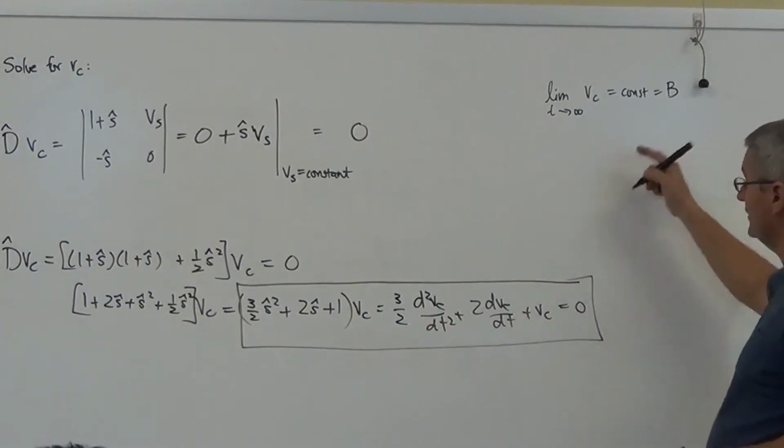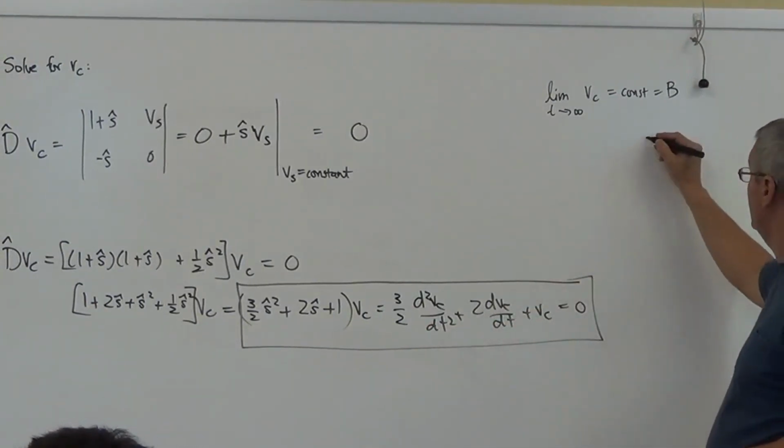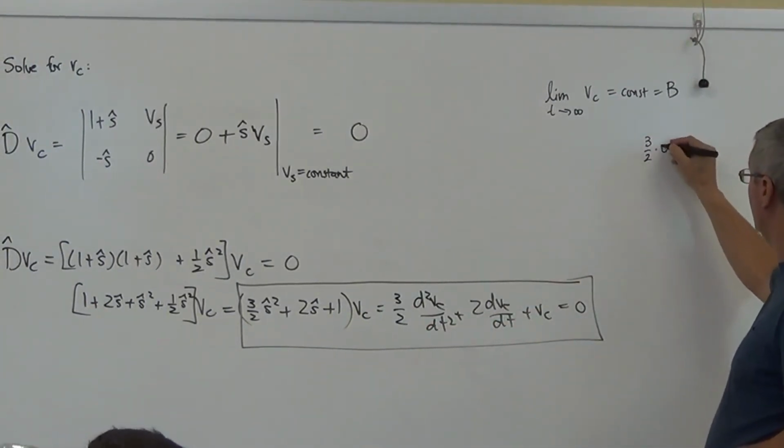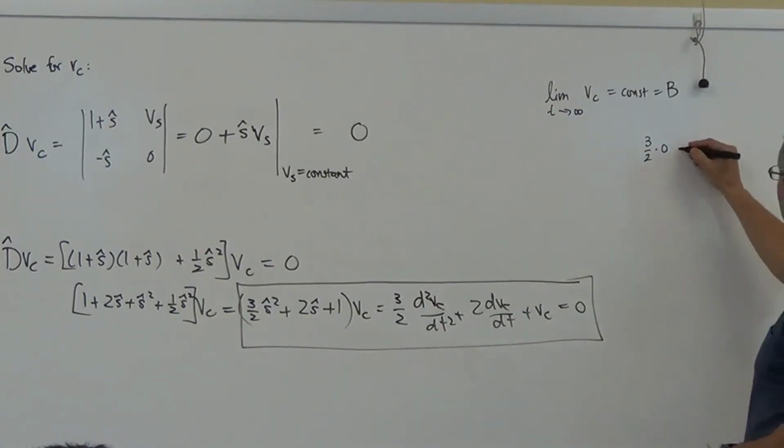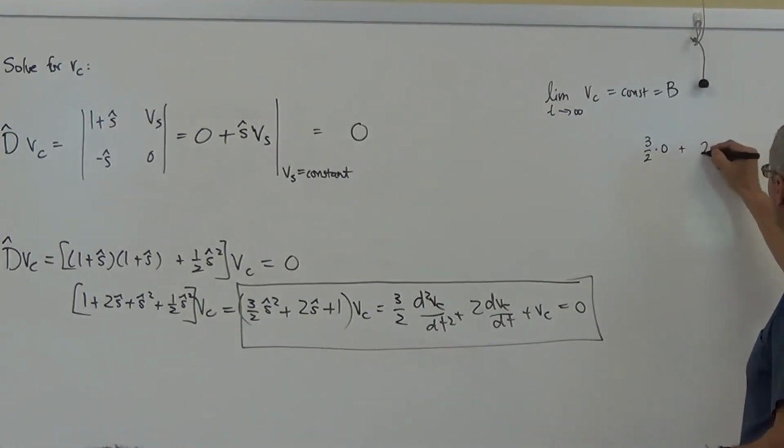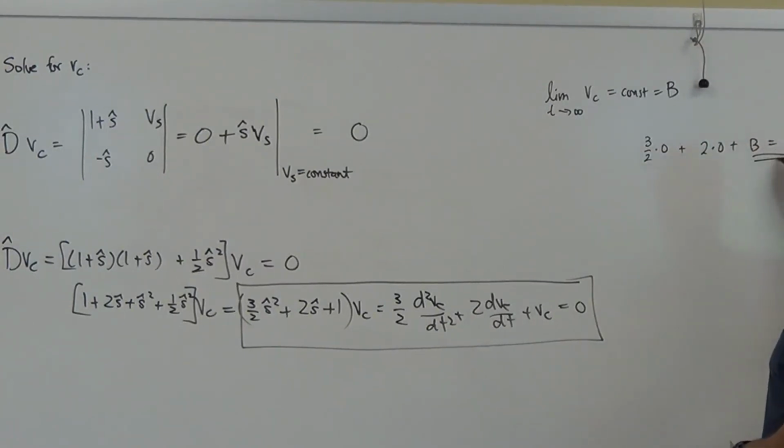If I take a derivative of a constant, clearly I'm going to get 0. My second term is, of course, 0. And then I get B equals 0. And check that out. It's exactly what we expected. VC at infinity, which we labeled as B, is 0. And that's what that differential equation tells me.